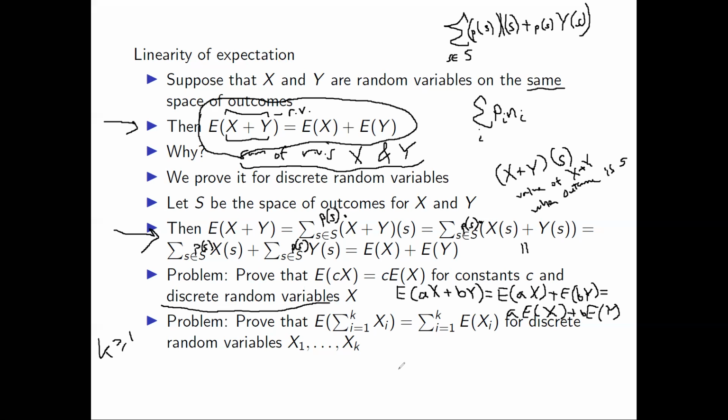And you can use a similar method to what we did for proving it in the k equals 2 case. Similar method for this problem. And you could do a similar method for any finite value of k, but you want to combine that with some other tool that we've talked about earlier in class for this problem.